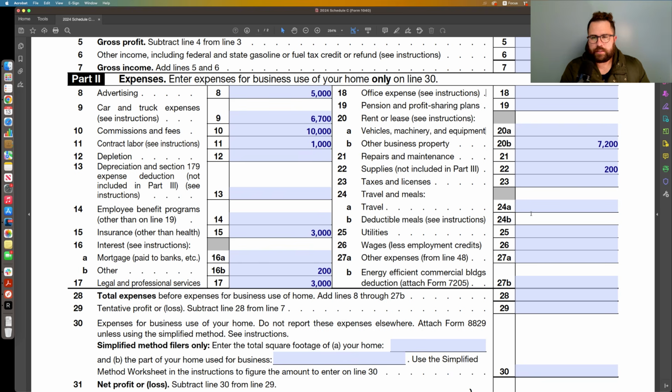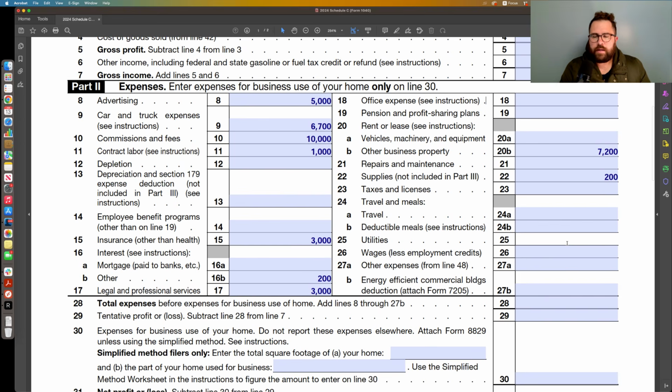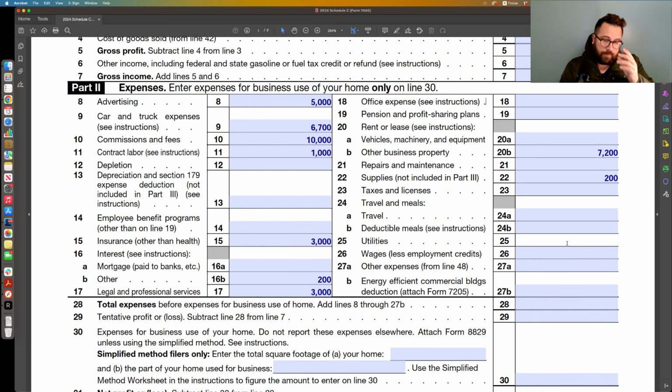Deductible meals. Okay, so if it's for your employees, if you do have employees, you can deduct it all. Let's say it's employee meals you bring into the office or something. If it's meeting a client for lunch or something, that's 50%. Utilities, obviously if you own the building that you operate your business out of, that's that.